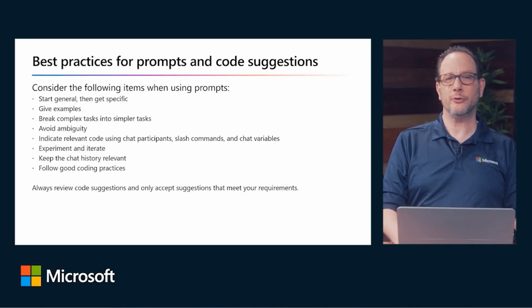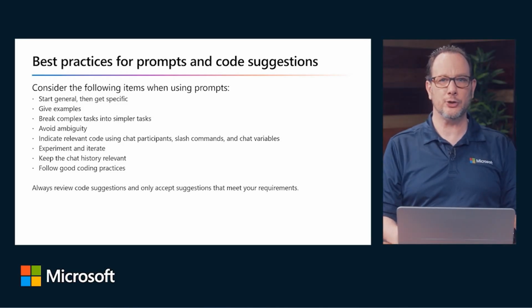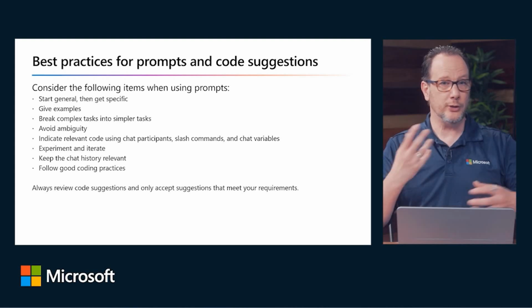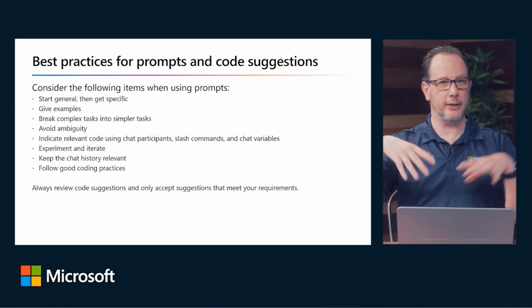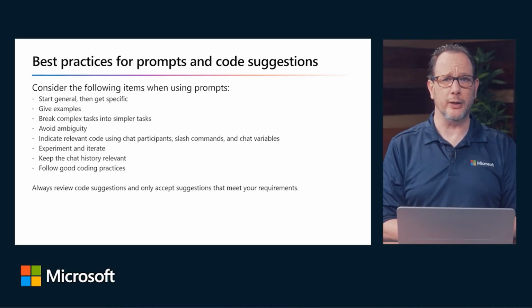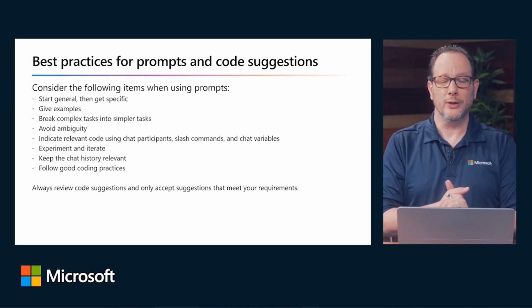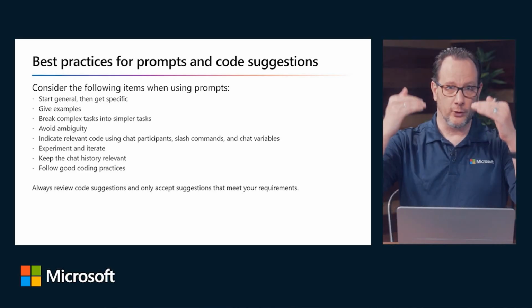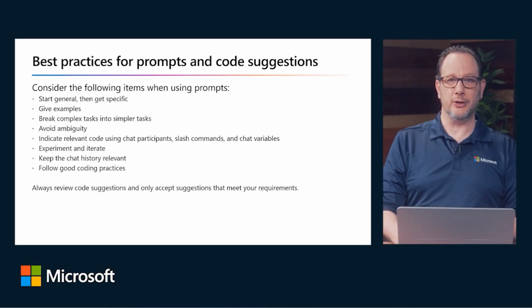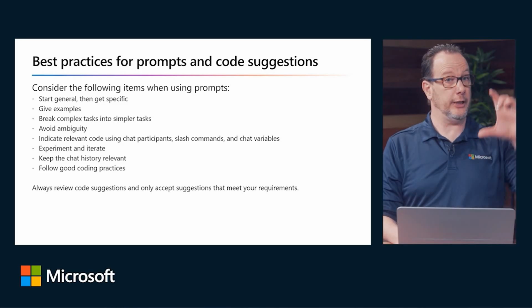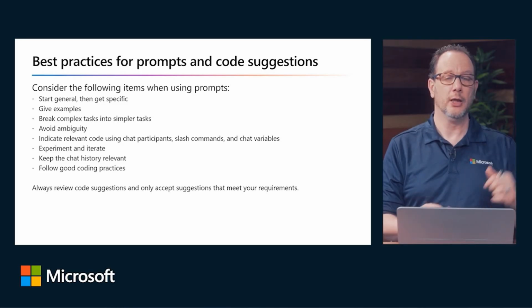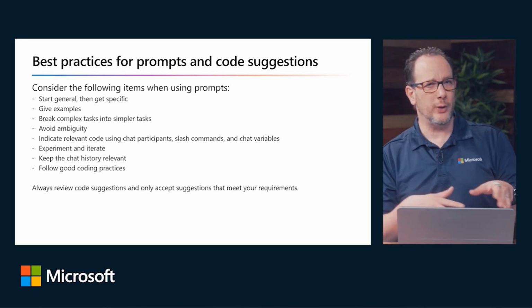So we talked about prompts. You use them specifically if you manage to go through the challenge. That's where you're really going to use that prompting mechanism, going back and forth, using inline, using chat, and anything in between. Once more, start general. From there, try to make it as specific as possible. Nothing wrong with giving examples, like, hey, this is a snippet of code that I used in another application that's doing about the same.